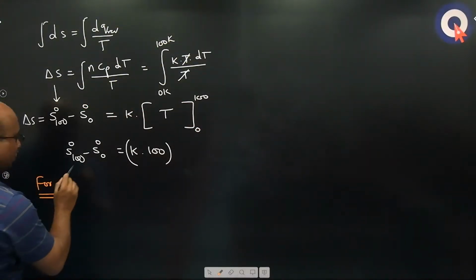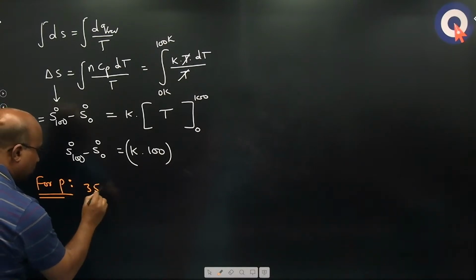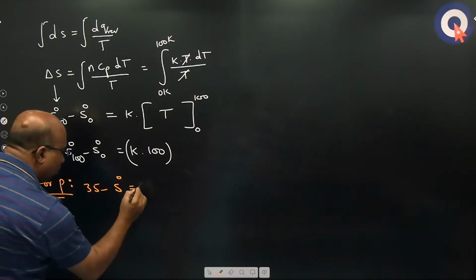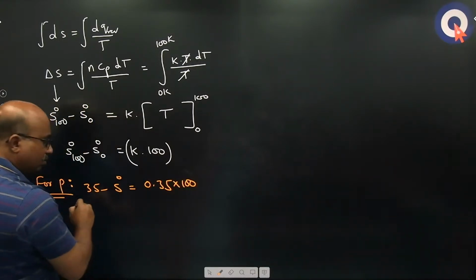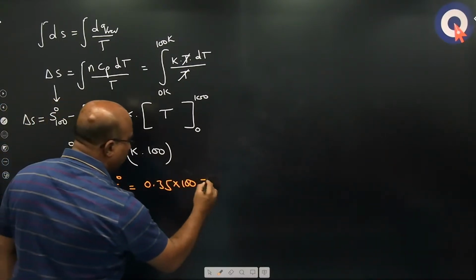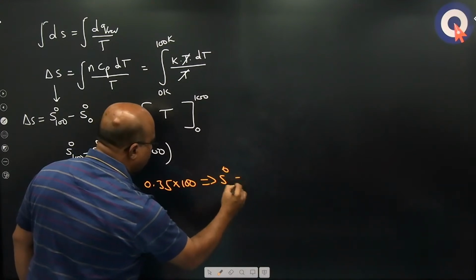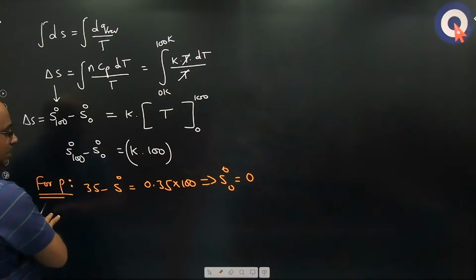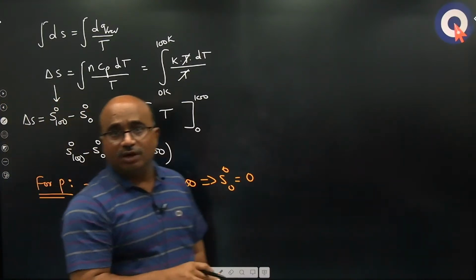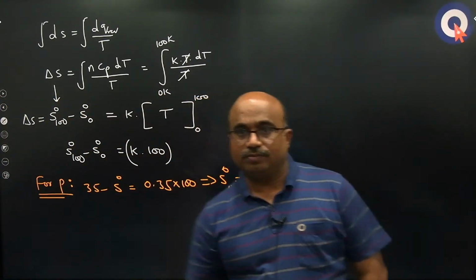So this will be 35 minus S naught is equal to 0.35 into 100. So this is 35, this is 35, so that we will get S naught at 0 as 0. So P doesn't have any residual entropy at 0.